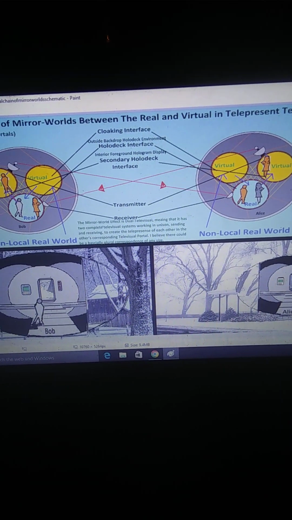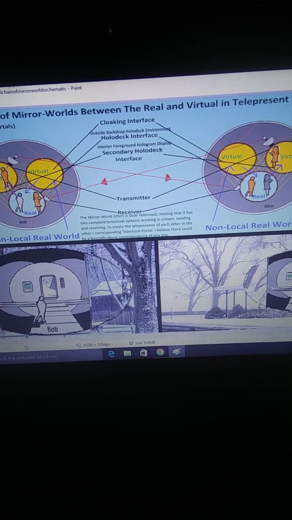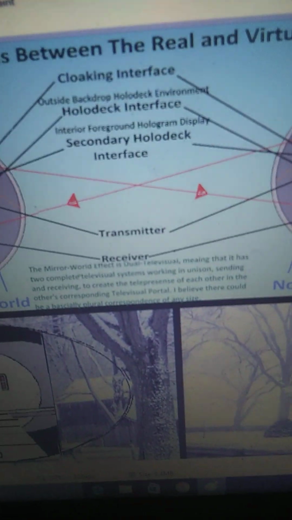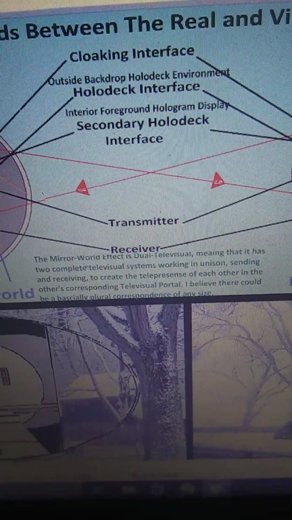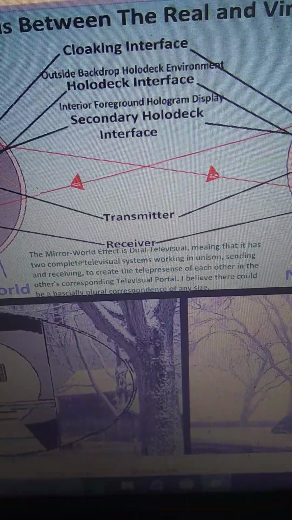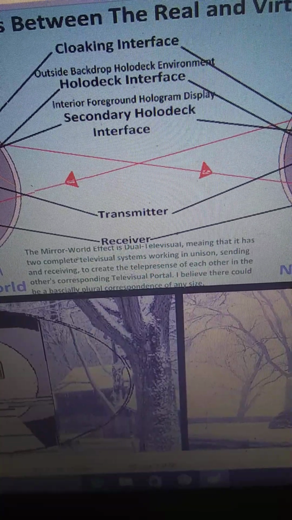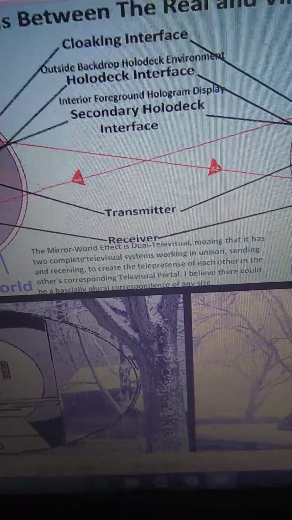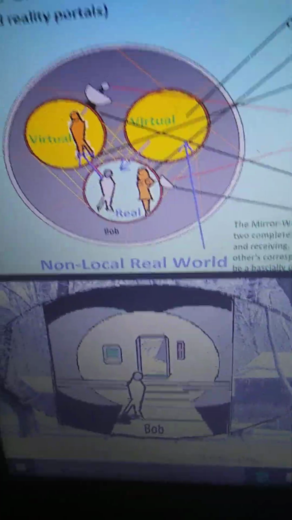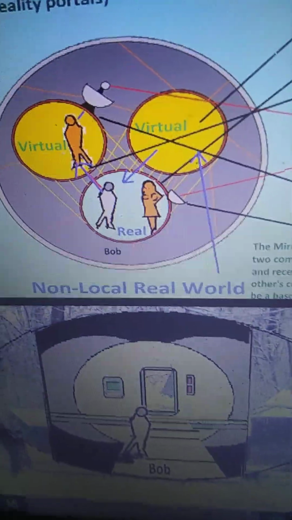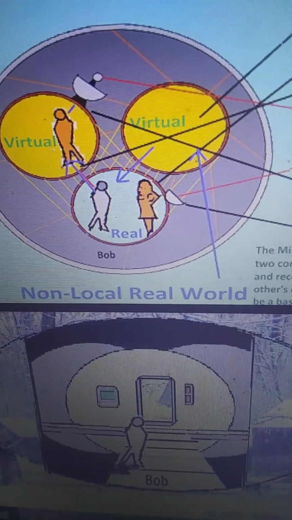This is just a schematic. It could be in any sort of orientation, but this helps to organize thoughts. The outside backdrop holodeck environment exists within the cloaking interface and the holodeck, but in between the holodeck interface and the secondary holodeck of the sending and receiving ends from Bob's portal, from his real holodeck to his virtual holodeck self.